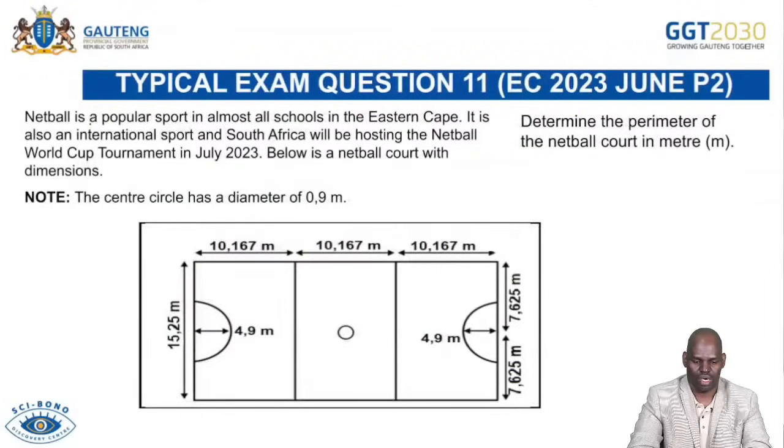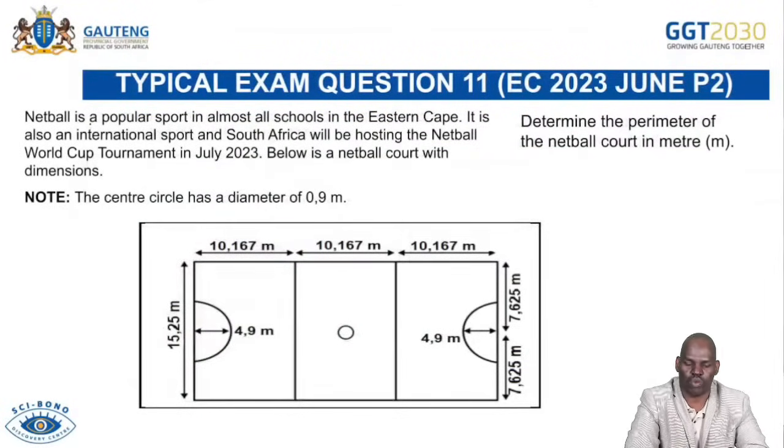Okay, now this is a typical exam question. This one was taken from question 3. Now my advice to you boys and girls: once you master the basics, if you go and look at everything that I covered under question 1, you'll be able to answer any question, question 2 or question 3.